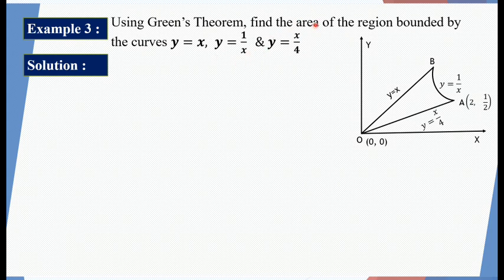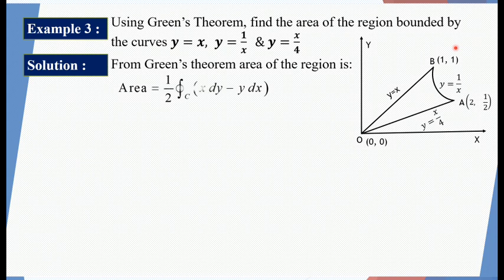So from here x square is equal to 4, so x equals plus or minus 2, but it is in the first quadrant, so x equals 2, and when x equals 2 then y equals 1 by 2. So the coordinates of A are 2 and 1 by 2. And now when we solve y equals x and y equals 1 by x, the coordinates of B are 1, 1.